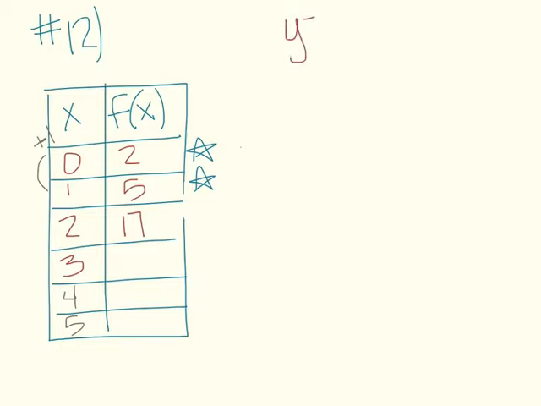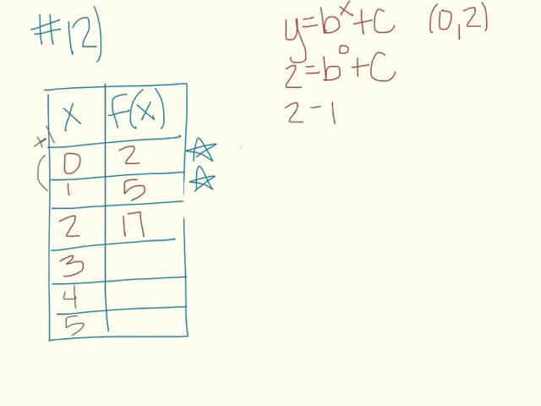So we have y equals b to the x plus c. And the very first step, I'm using when x is 0, right? So I'm going to use the point when x is 0, y is 2. So the y value is 2, the x value is 0, and we know that anything to the 0 power is 1, so we have 2 equals 1 plus c.